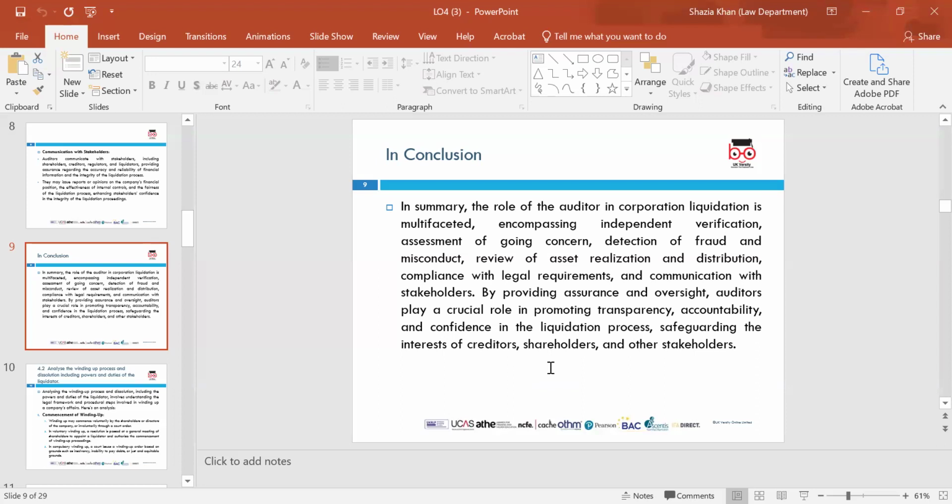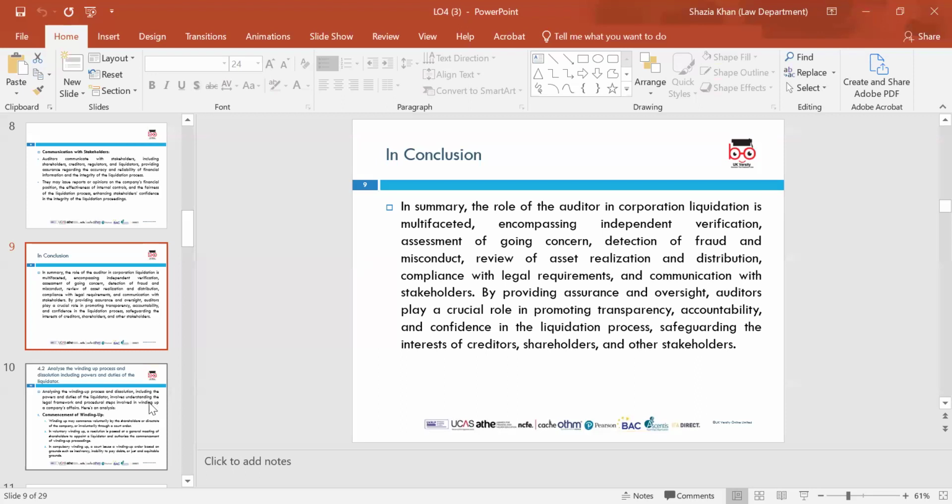By providing assurance and oversight, auditors play a crucial role in promoting transparency, accountability, and confidence in the liquidation process, safeguarding the interests of creditors, shareholders, and other stakeholders.